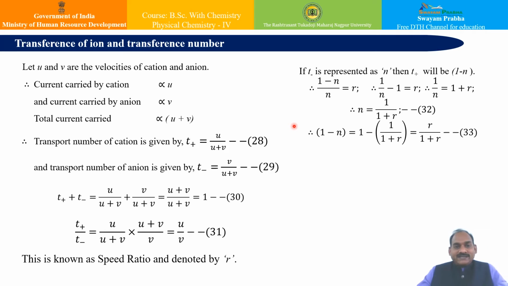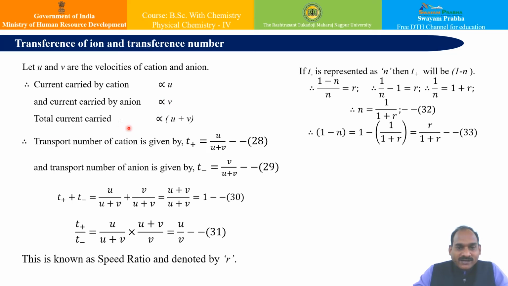Therefore, let us see here the transference of ion or transference number. Let u and v be the velocities of cations and anions respectively. So u is for the cation, and the current carried by the cation is always proportional to u, and the current carried by the anion is proportional to v.